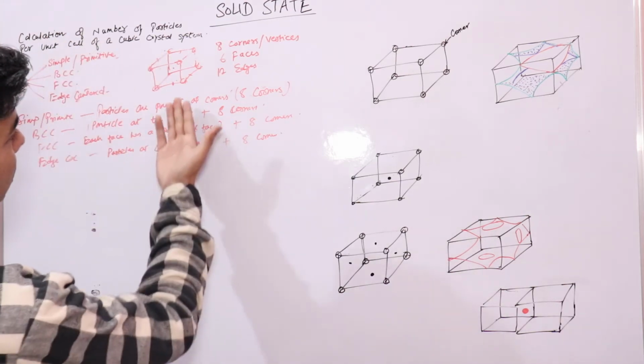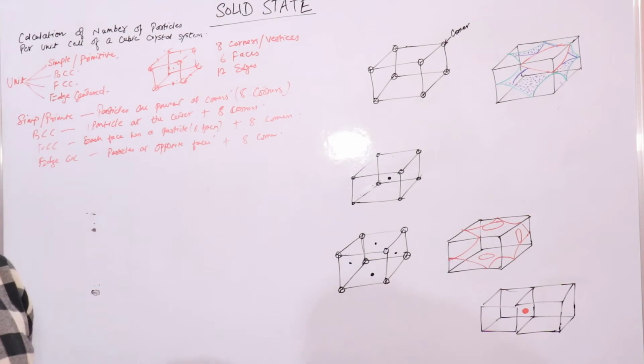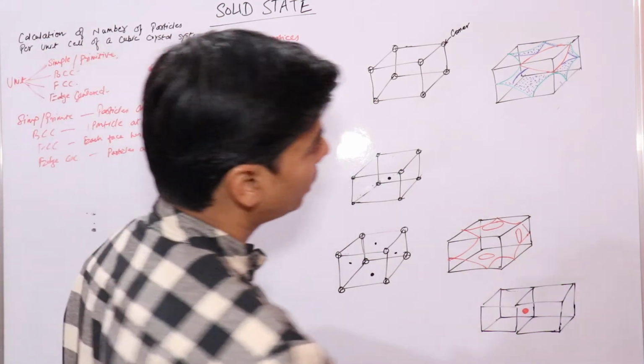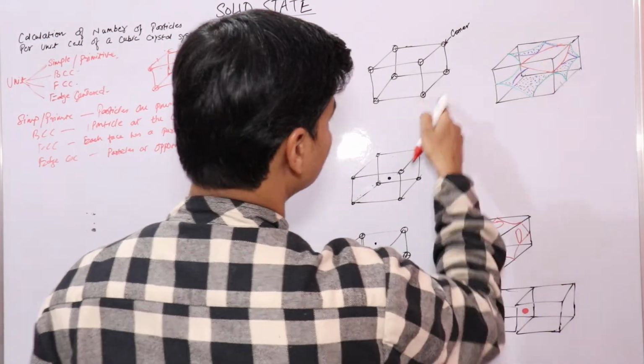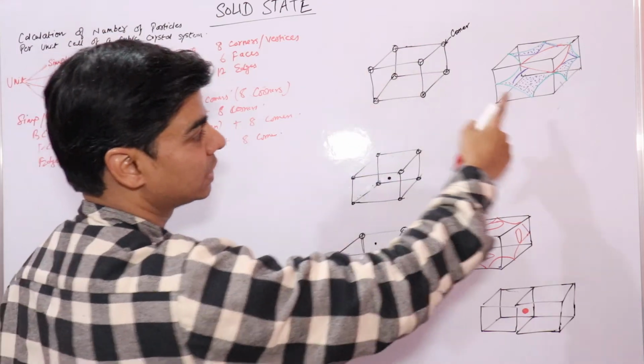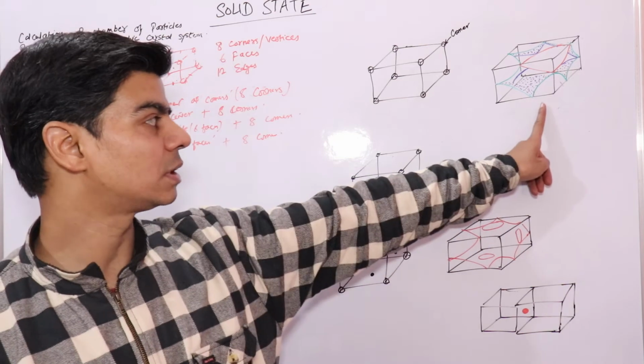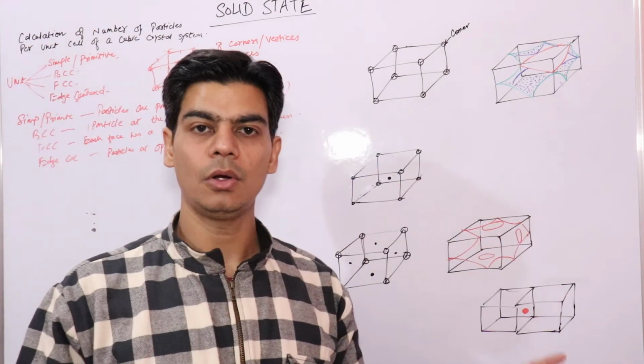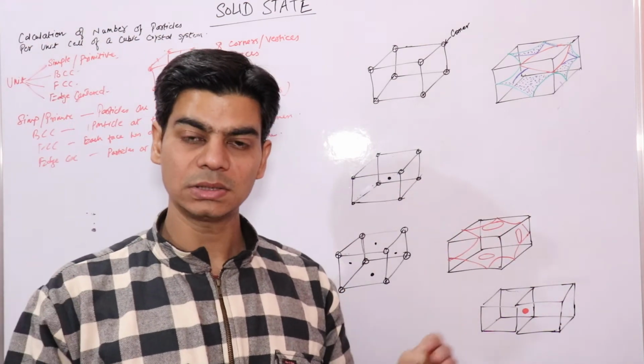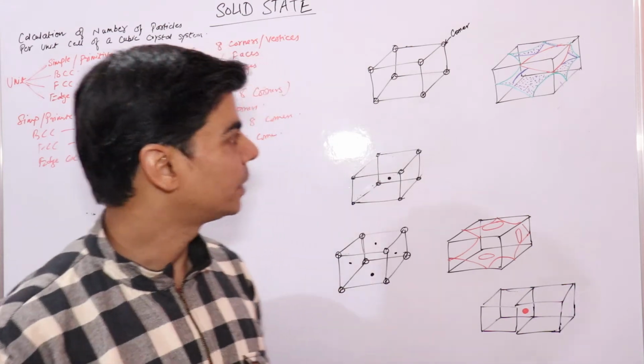If we talk about the corner of a unit cell, this is the open structure of a unit cell, and this is the space filling structure of the unit cell, and the space filling structure gives us a more clear picture as to how particles are arranged in a unit cell.